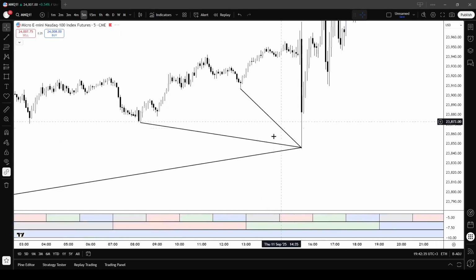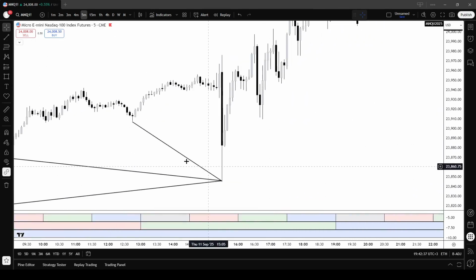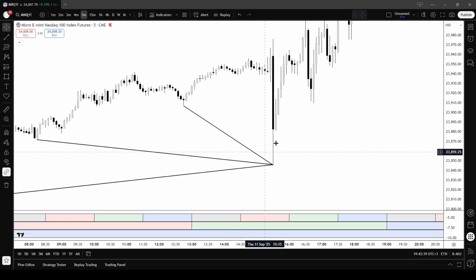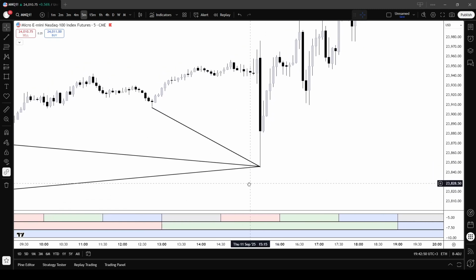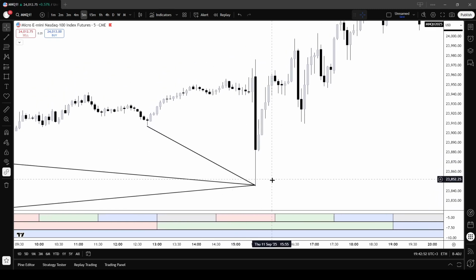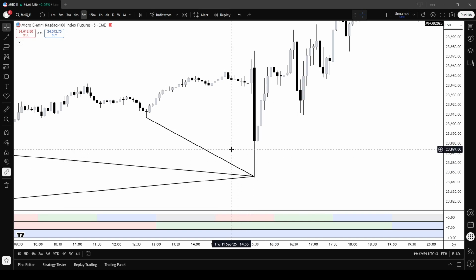So now we have 3 SMTs. It's the max. You can also get micro, but it doesn't really matter. It's 3 main ones: daily, 90 minute and weekly. We had all 3 of them, which makes it very powerful. Plus we had a precision swing point.